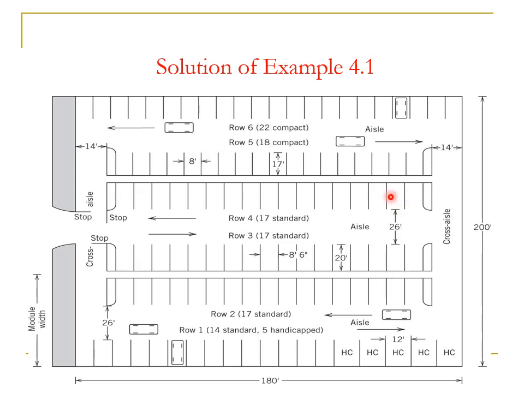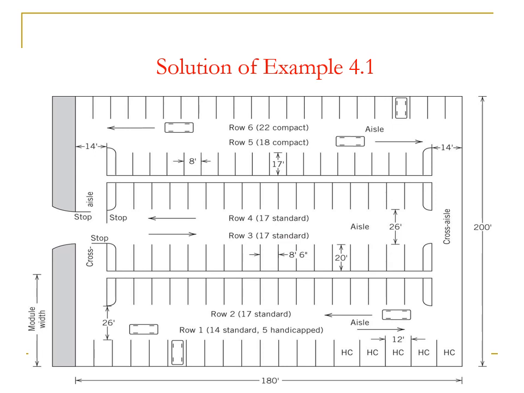This is a standard module, again double loaded, and this is a standard module, again double loaded. So the total width of this module should be 57.2. The total width of this and this should be 66 according to the table.